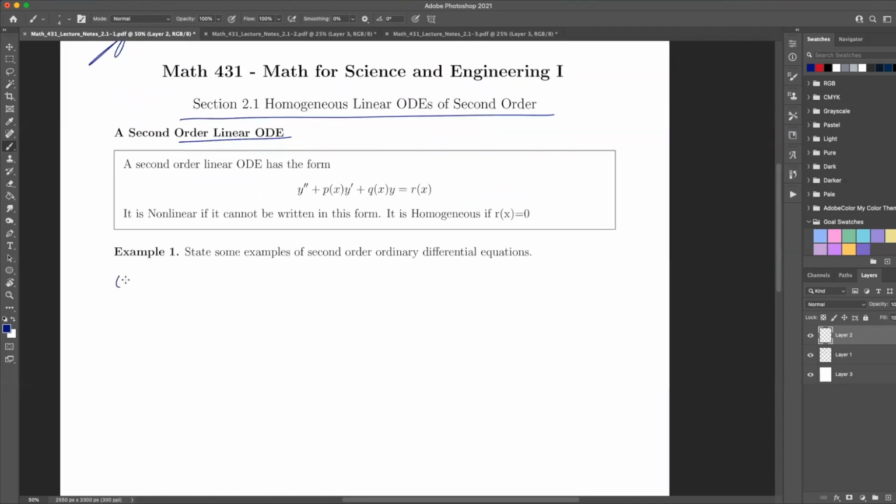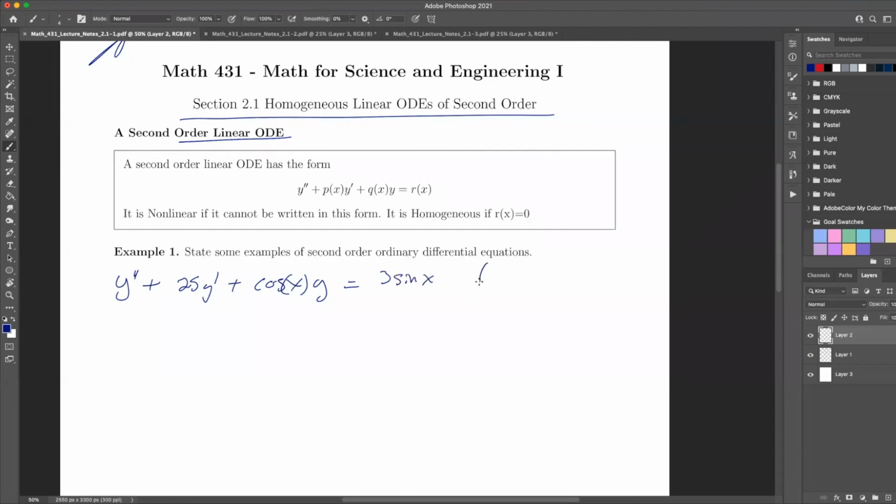So here I have y double prime plus 25y prime plus cosine x y equals 3 sine of x. That's a funny looking sine. Sine of x.